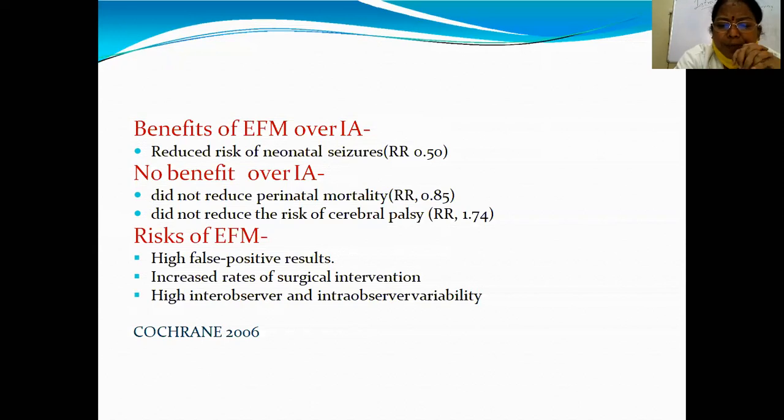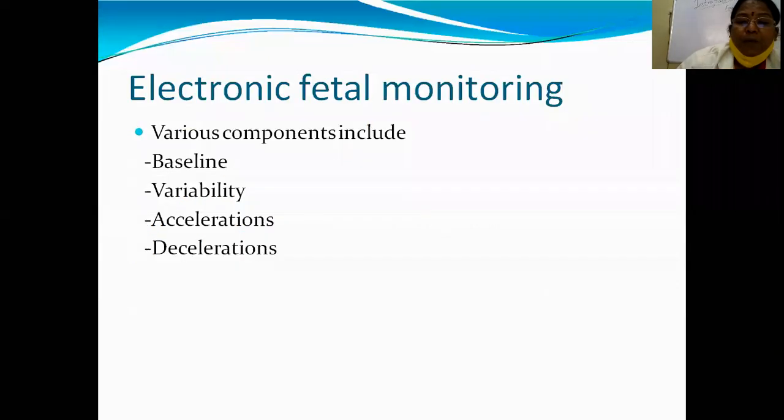And there is more inter-observer or intra-observer variability. Maybe I feel that this CTG is normal, and maybe the other person feels that no, it is not normal. So there is an increase in surgical interventions when we go for fetal monitoring.